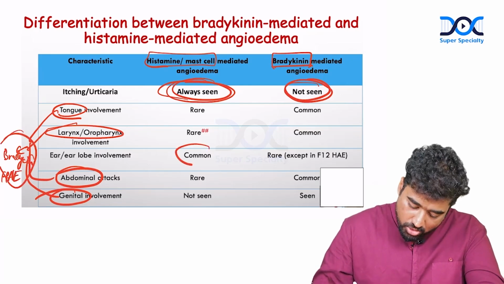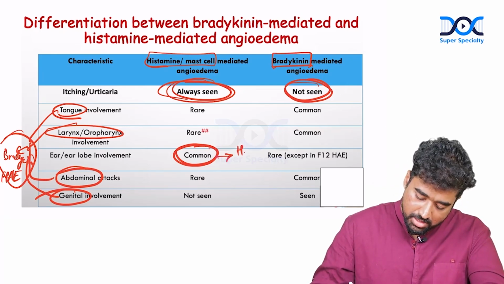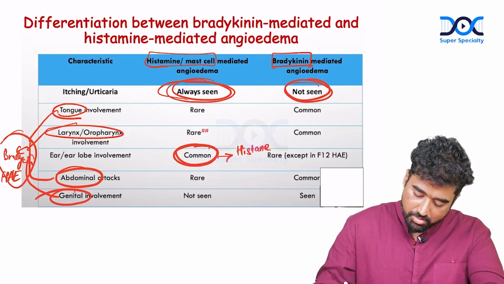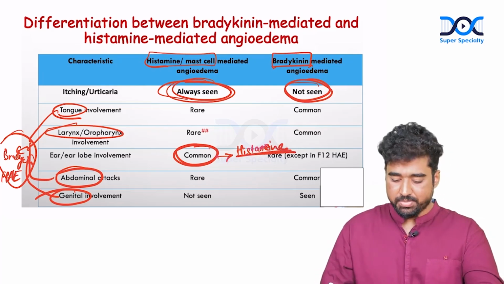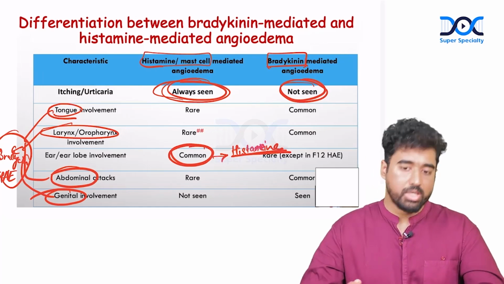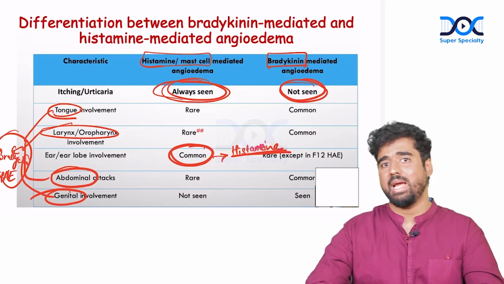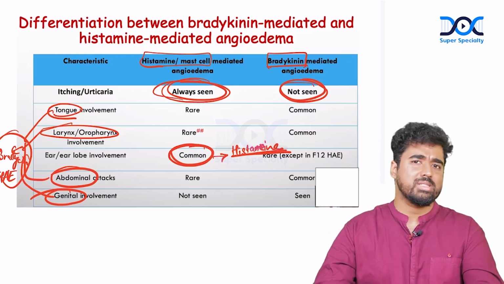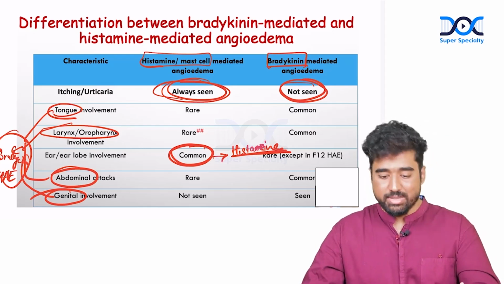While earlobe involvement or ear involvement in general will be seen in histamine mediated or mast cell mediated angioedema. So this is a very important table that you have to remember. It has been asked multiple times in our vivas and quizzes, not really asked in your SS entrances, but it's very important to remember for your clinical skills as well.